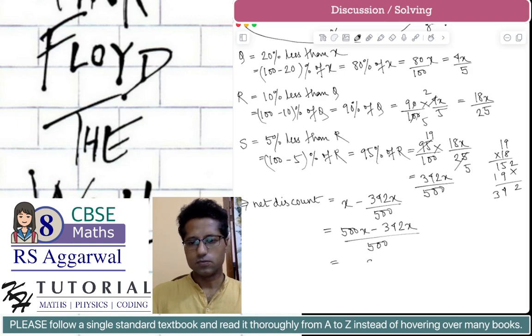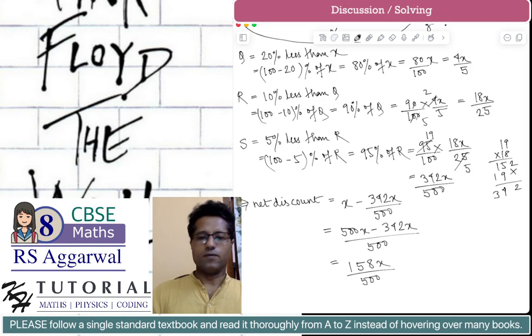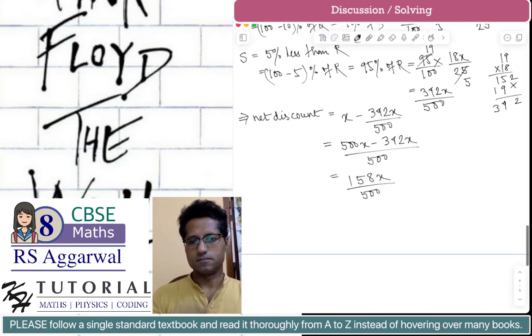This is equal to 158x by 500. Net discount is this. So this is the net discount, and finally we have to find what percentage this net discount is of the mark price.